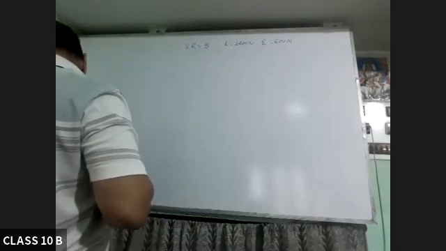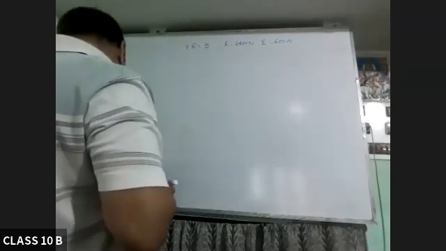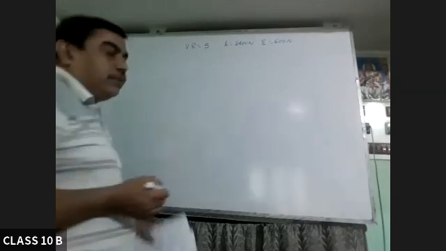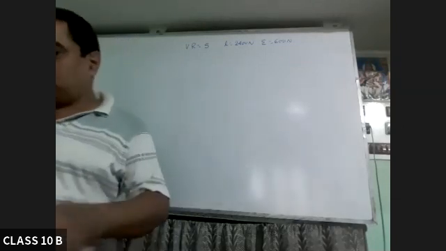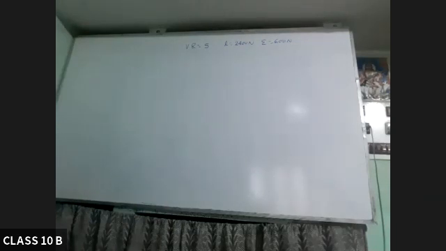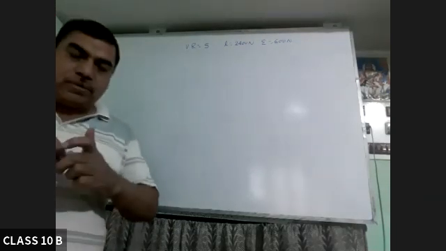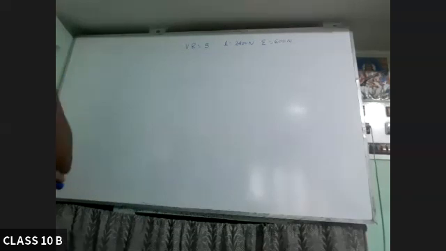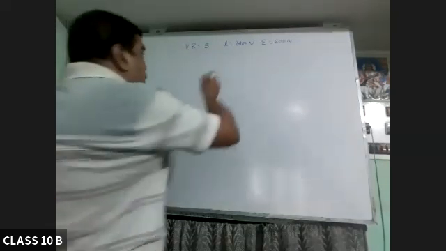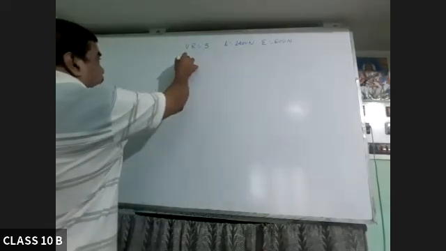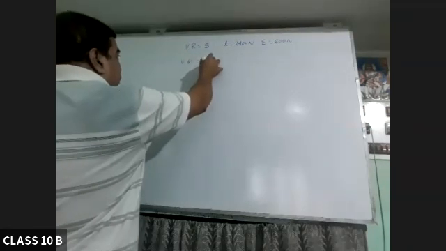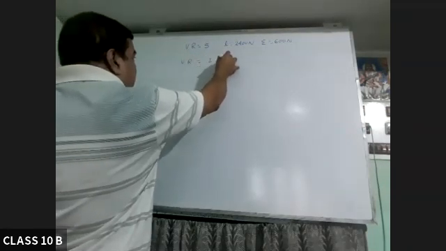Then you are asked the effort needed to lift a load of 6000 Newton. So we will use the concept that velocity ratio and useless load will be same. So what will be the useless load? You can find that real velocity ratio is ideal mechanical advantage.